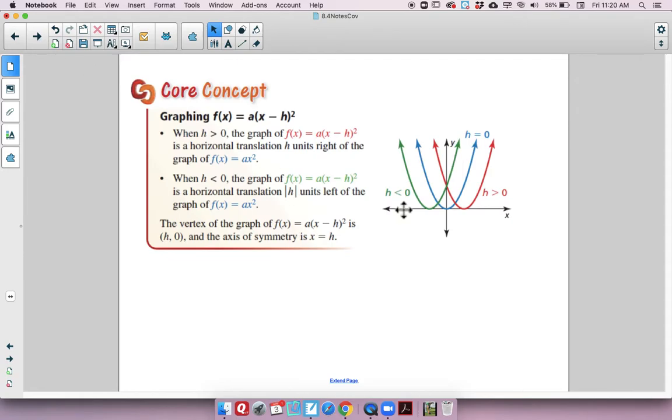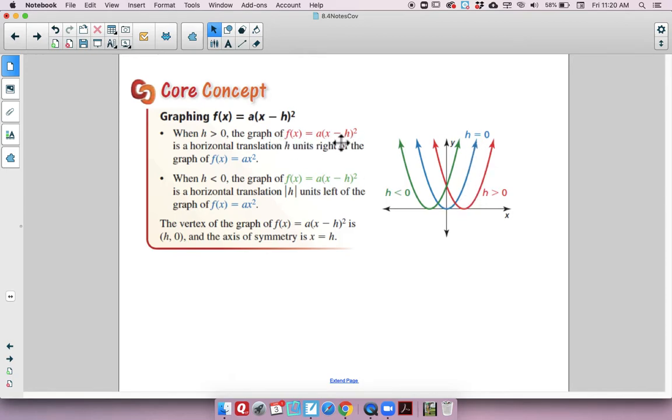All right, so here's the core concept that we're learning, or at least part of it. If we have a function in the form of f of x or g of x or whatever equals a times the quantity x minus h squared, when h is greater than 0, the graph is going to be a horizontal translation h units to the right of f of x equals ax squared. You can see f of x equals ax squared in blue, right here.